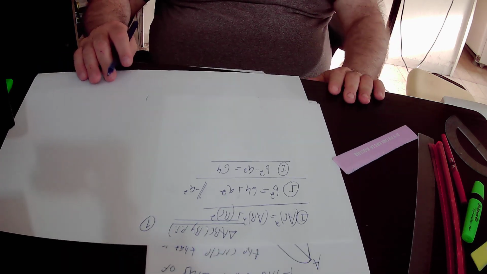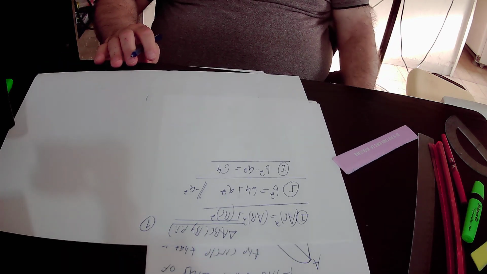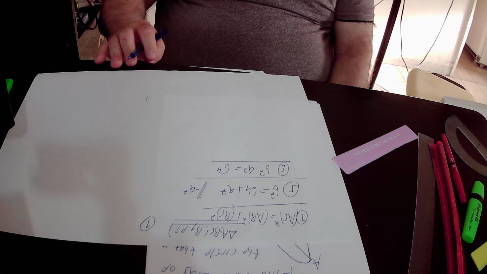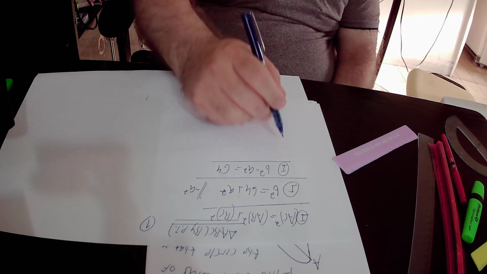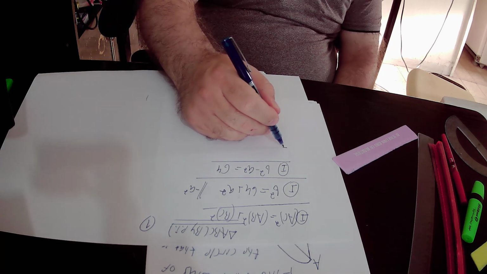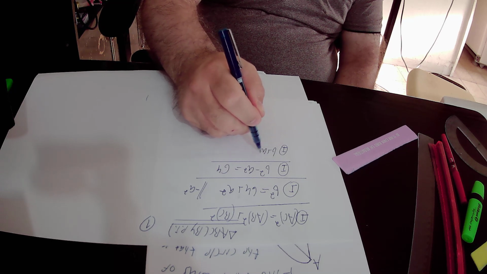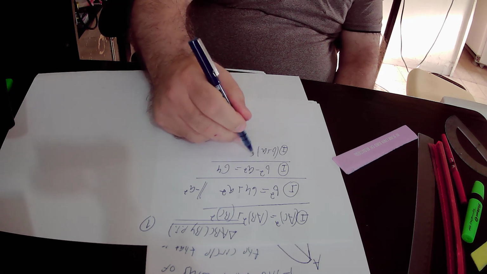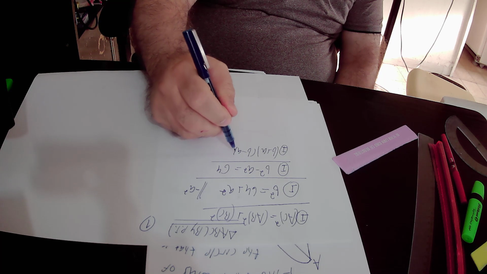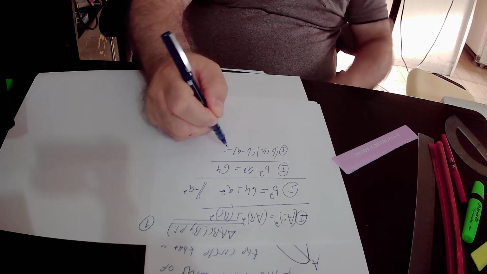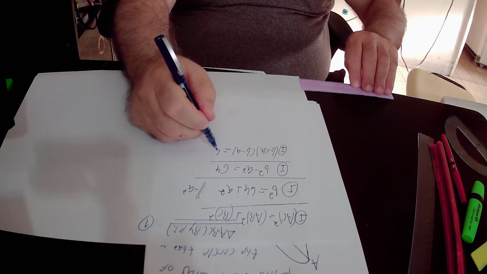We have the algebraic identity that B squared minus A squared equals B plus A times B minus A. So we substitute B squared minus A squared by B plus A times B minus A. And according to equation number 1, it is equal to 64.